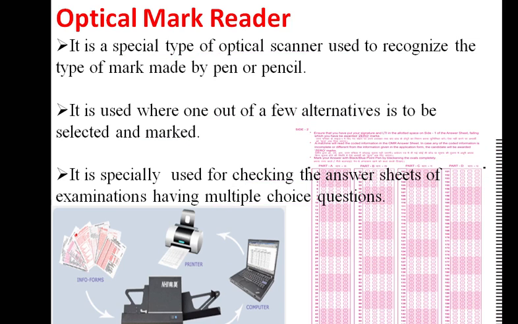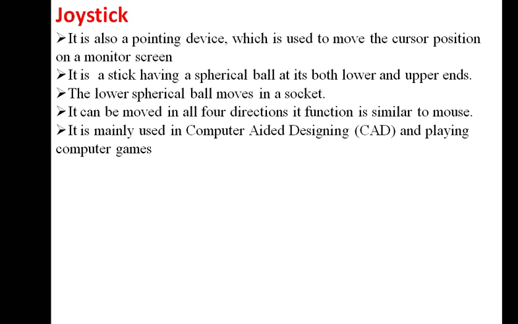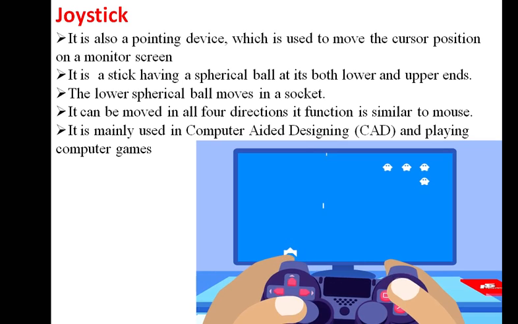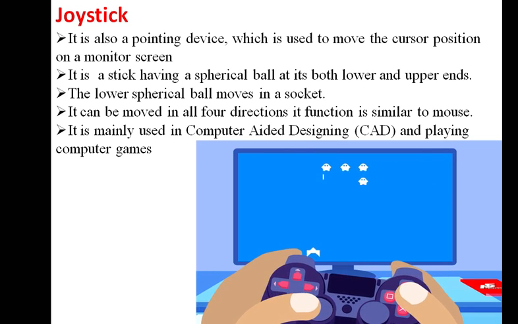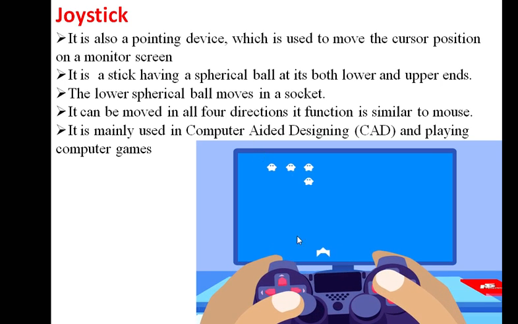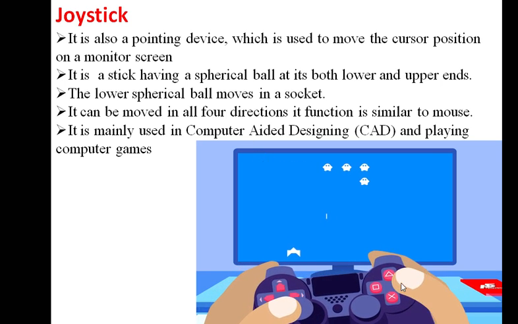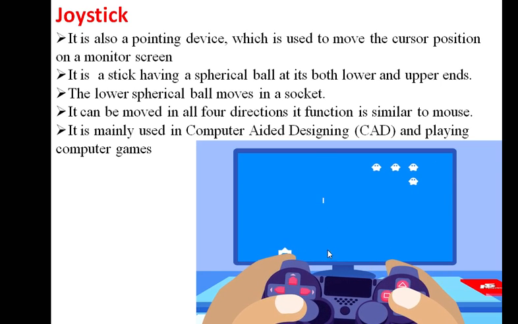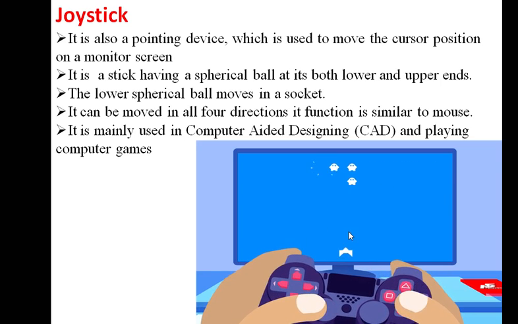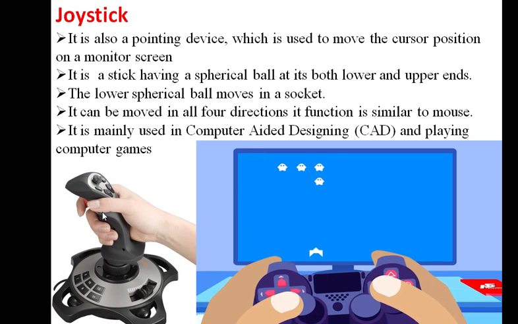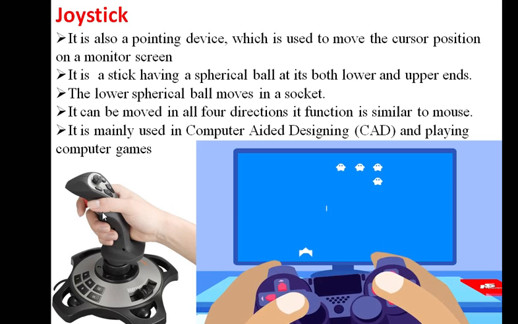Then next one is joystick. It is also a pointing device which is used to move the cursor position on a monitor screen. See here, this guy is moving the cursor left and right, and it is a stick having a spherical ball at both its lower and upper ends.